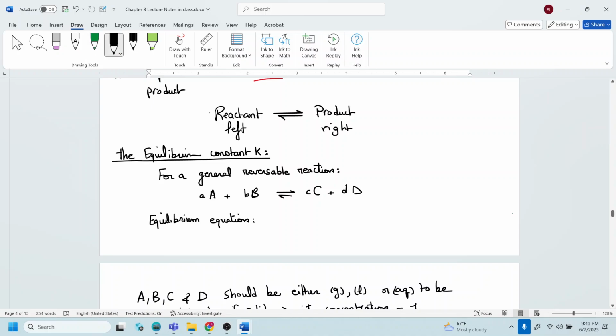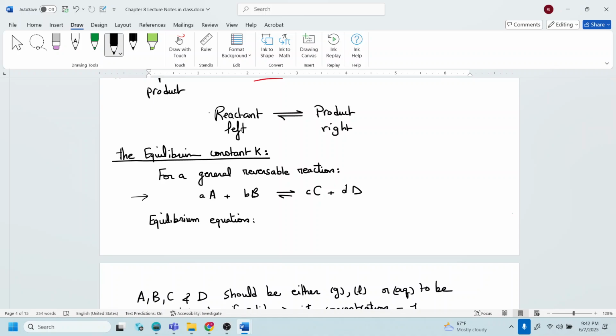So if we have a chemical reaction in here, the A, B, C, and D indicate the number of moles, which is the complete balanced equation. So you have your reactants on this side, you have your products on this side, and this is the equilibrium arrow. So if you have an equilibrium arrow, then you can express this reaction in terms of an equilibrium equation.